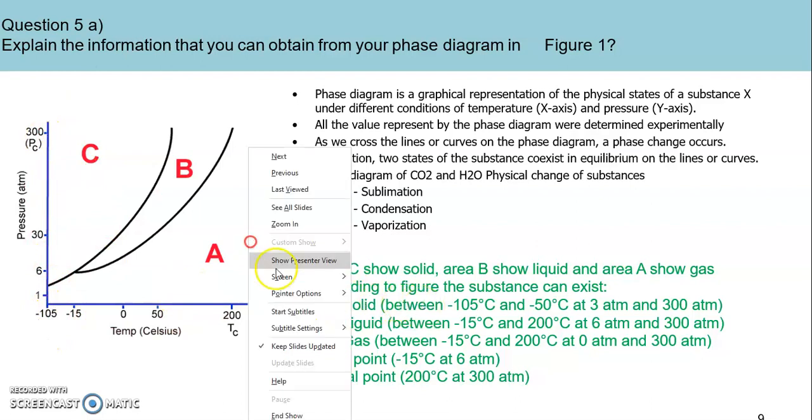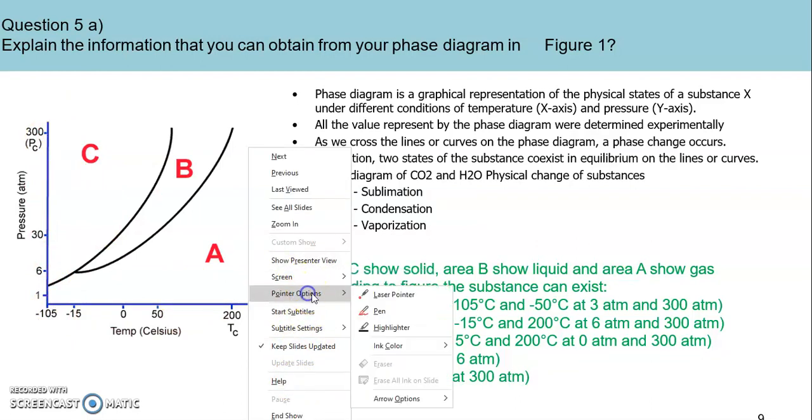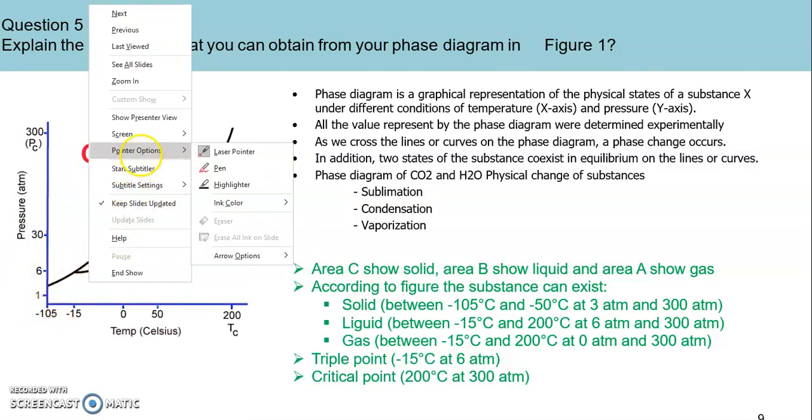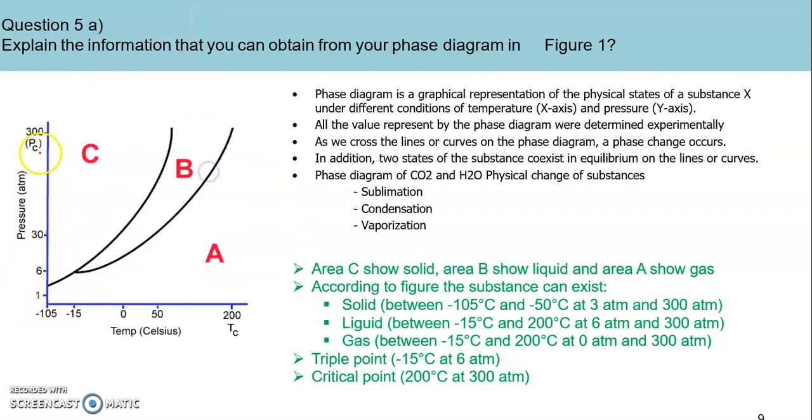So solid is between minus 105 to 50 degrees here. See that if we can plot it, it's going to be like this.